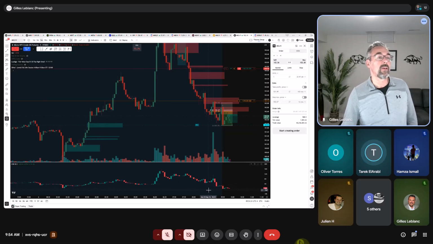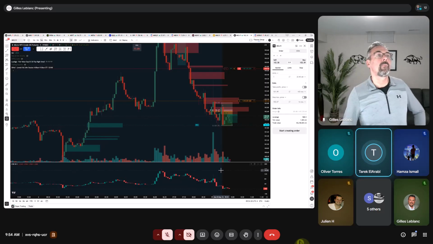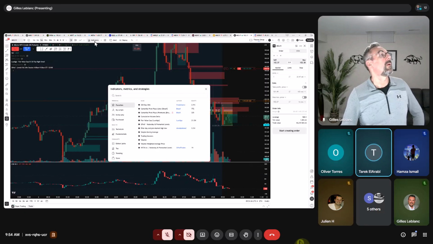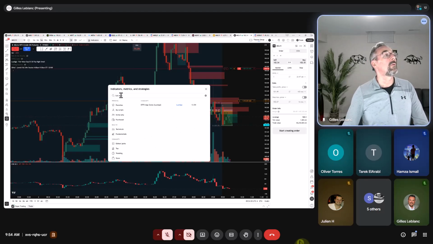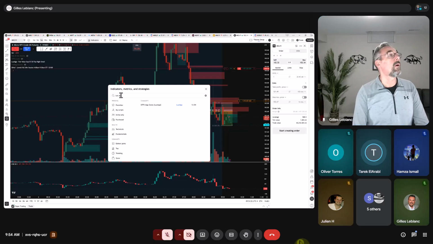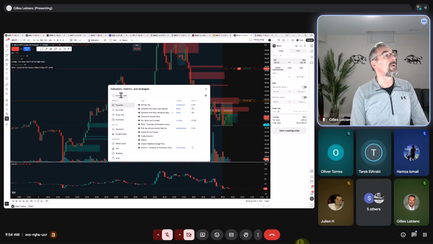And there's another one I was telling the guys about. I found it over the weekend. You can add it to your charts. It's called Lux Algo Volume Delta Candles. It's the Lux Algo, one word.